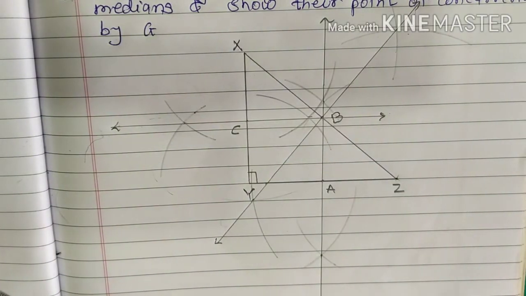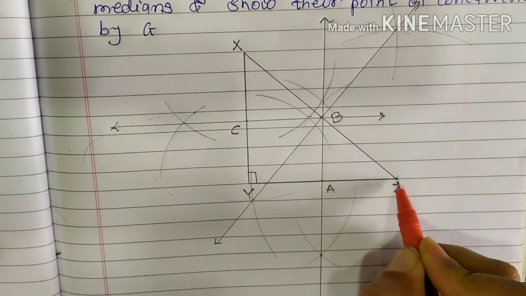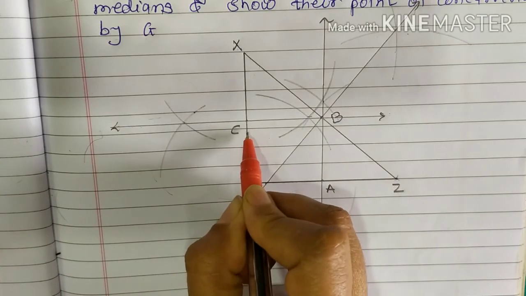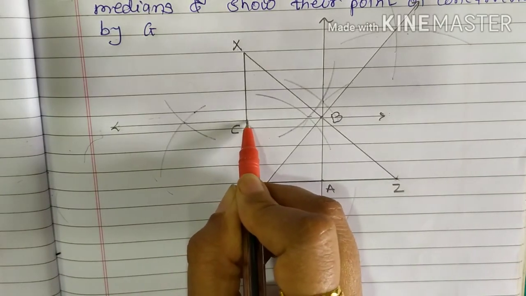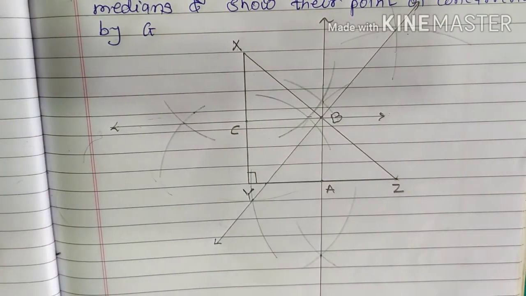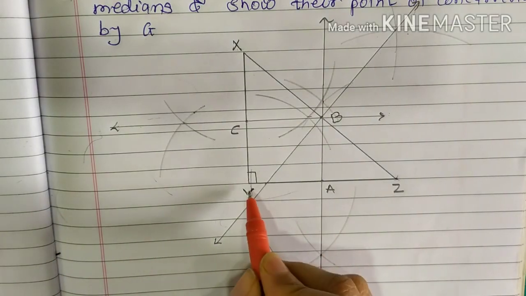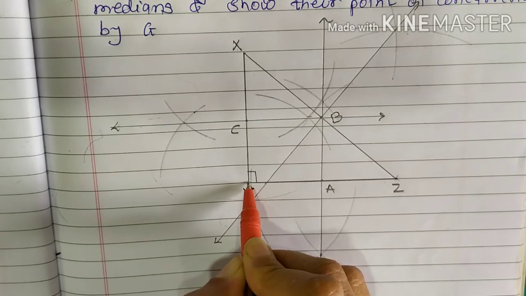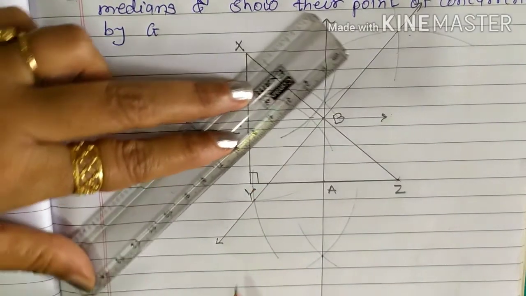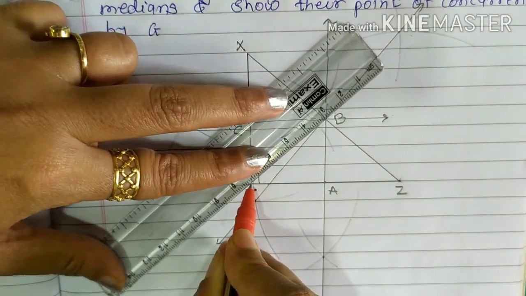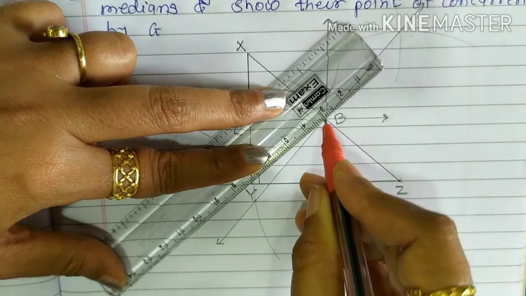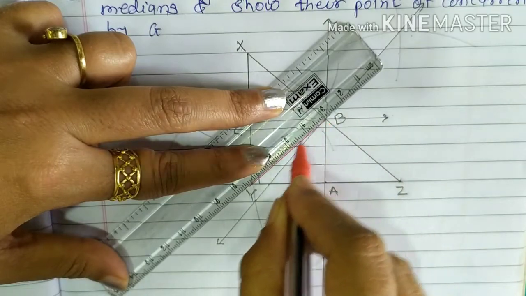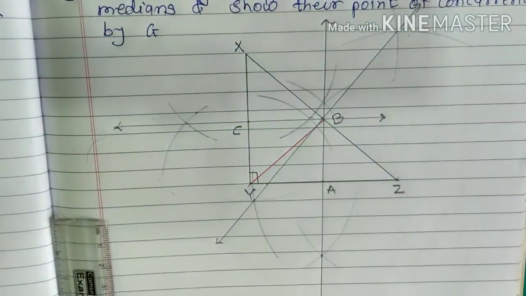Okay, then the vertex point and the midpoint of the opposite side we can join here. Hence first vertex, that is Y, and the midpoint of XZ. Here B is the midpoint. Join these. Here I use the red pen for your understanding.